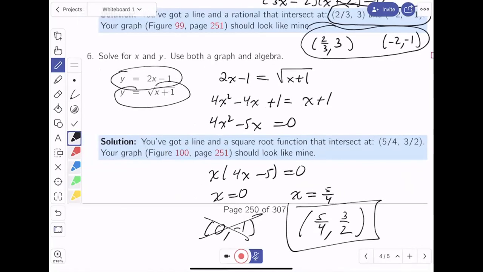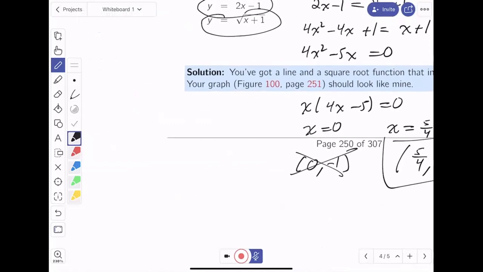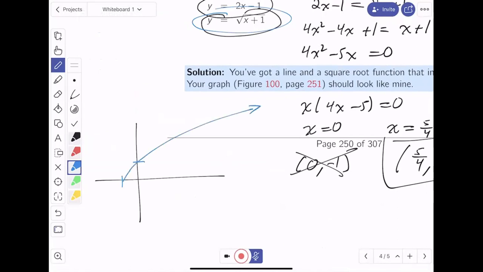Let's graph it out. I know it's difficult. We're trying to encourage you to try to graph. Let's graph this guy first. That's going to start at minus 1. And let's see, it looks sort of like this over here. And it's painful. There's no doubt about it. And the 2x minus 1 is a line with slope of 2 and a y-intercept of minus 1.